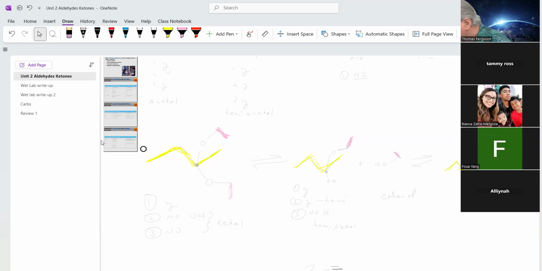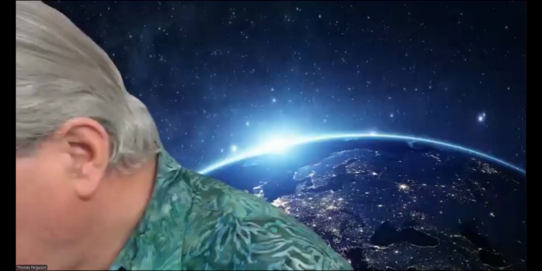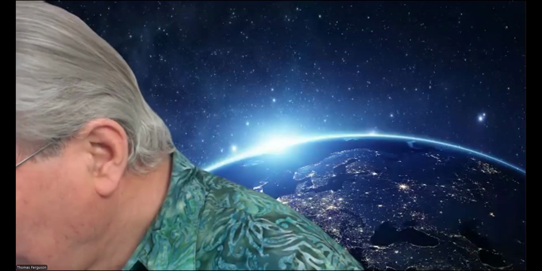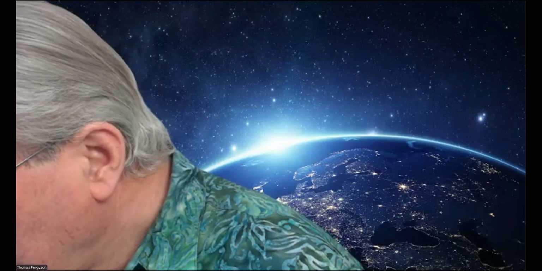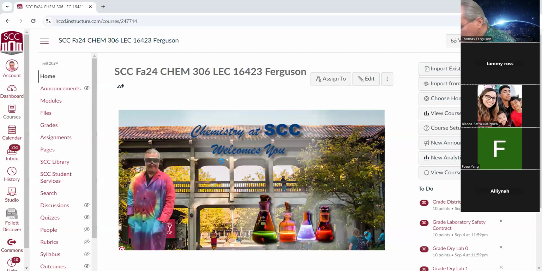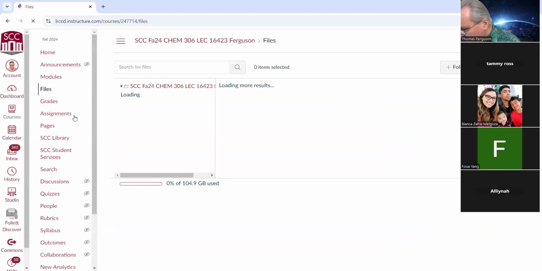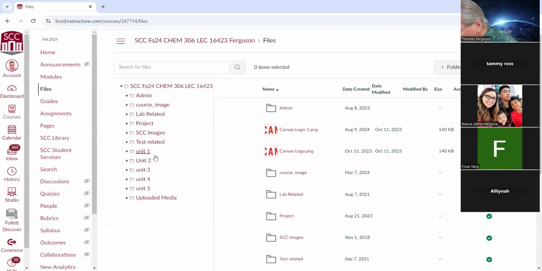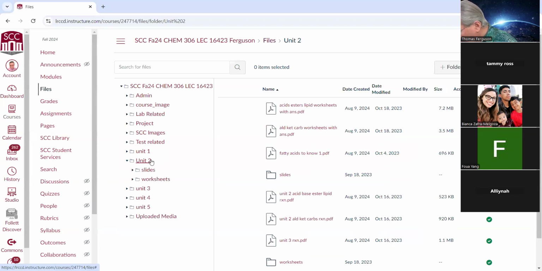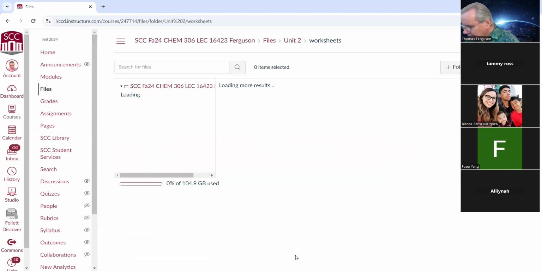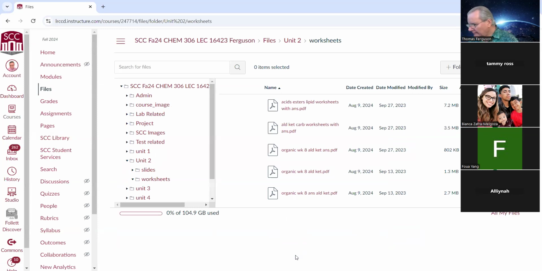Now I have additional worksheets, and with answers in Canvas files, Unit 2 worksheets.